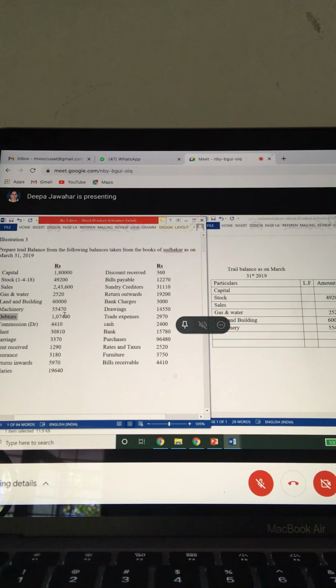Again, debtors. Debtors are an asset. I have already discussed in the earlier slide that debtors are assets. In future, the debtors will give you the money.